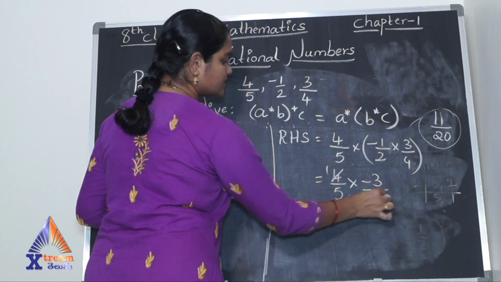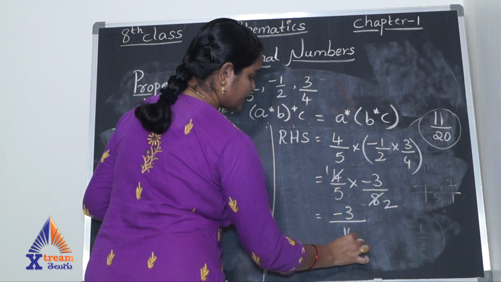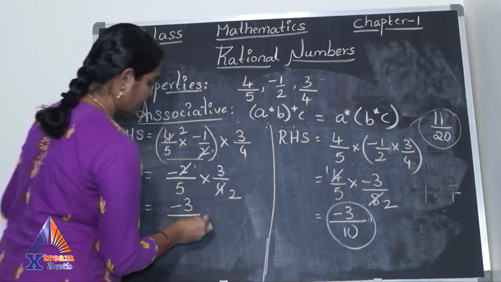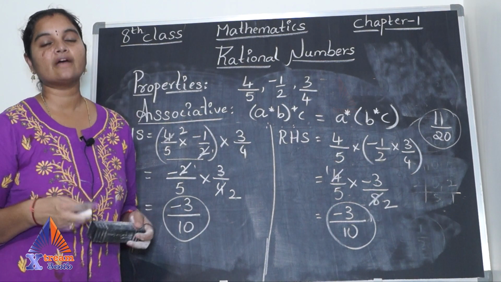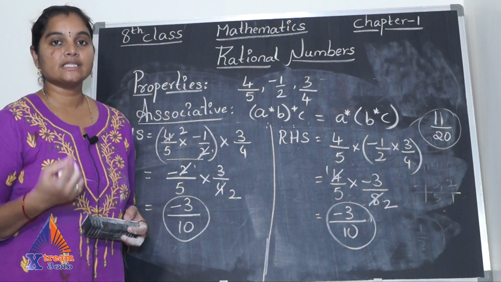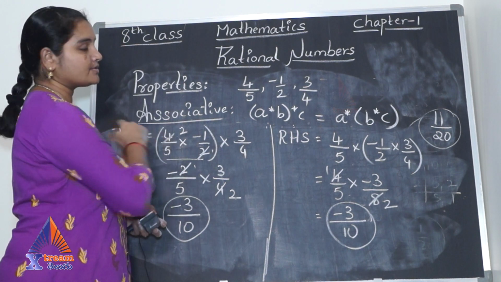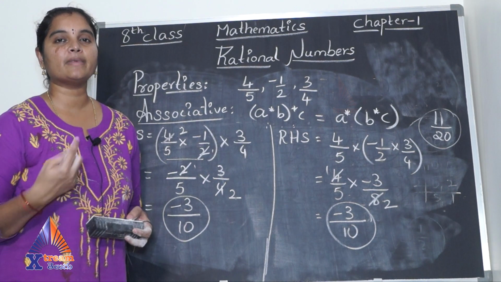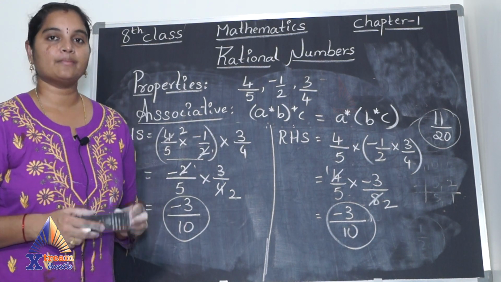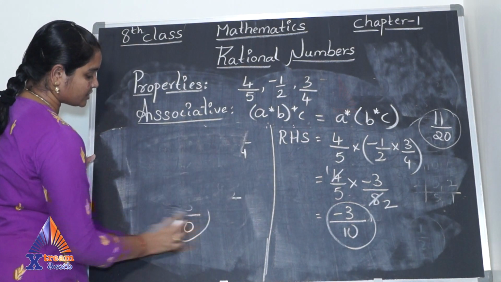So 4 1's, 4 2's, minus 3 by 10. Minus 3 by 10, minus 3 by 10. Both LHS and RHS have the same values. So we can say that multiplication of rational numbers is true for associative property, or associative property is true for multiplication of rational numbers.